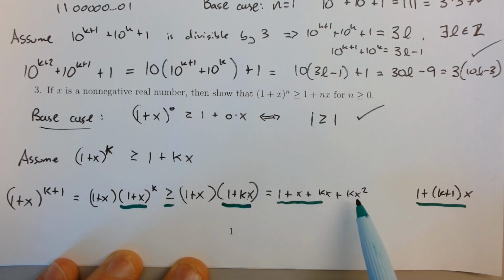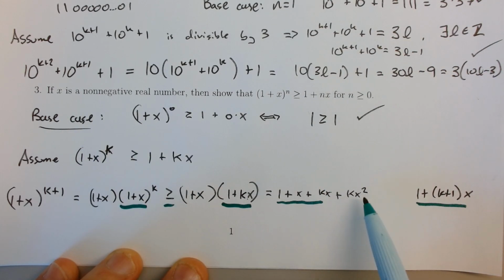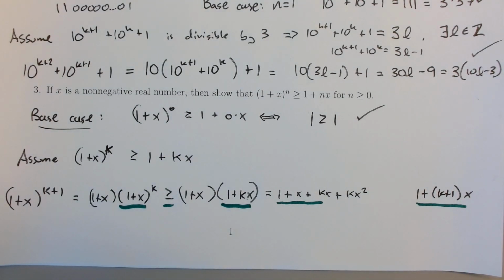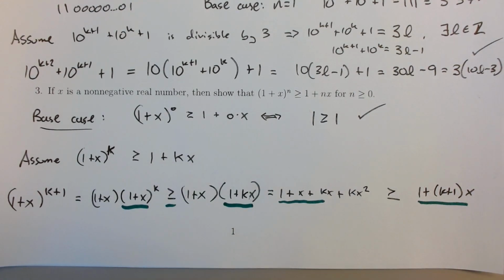So the only extra thing is that. But since x is a non-negative real number, this is always positive, right? So I have something plus some positive number, and that's something on the other side. So that's going to be at least as big. And so that way we got it. We have that 1 plus x to the k plus 1 is at least as big, just following the chain, as 1 plus k plus 1 times x, which is what we wanted to show.